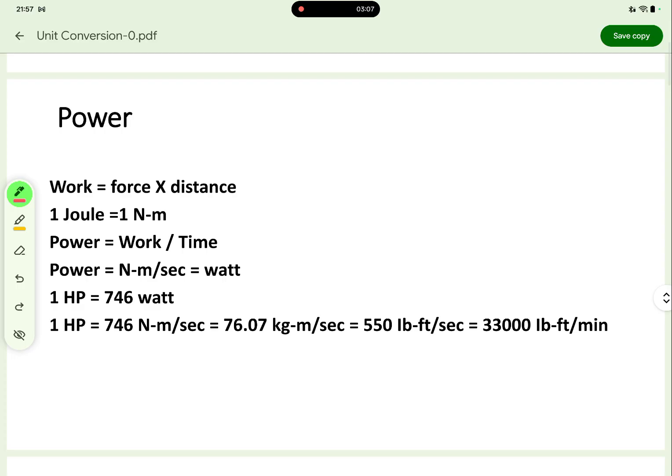To understand this thing, first we need to know that work is nothing but force multiplied by distance. When you talk about the unit, the force unit is Newton and it will be Newton meter. When you combine this unit, it will give you joule, right?